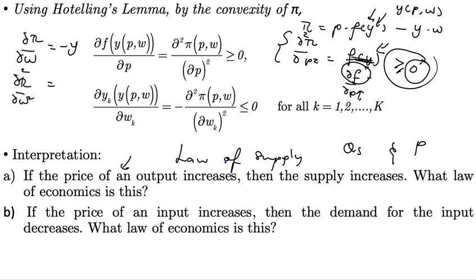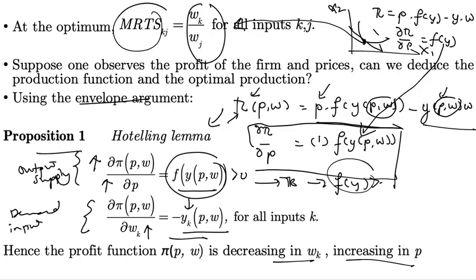So recall back here, we have this answer, remember? Okay, let me change the color of the pen. We have this answer, remember? And we see the minus sign. We bring the minus sign here. We differentiate this thing with respect to price.